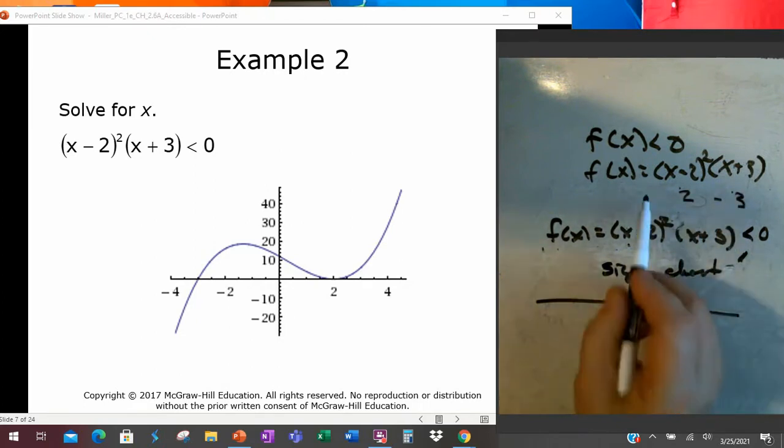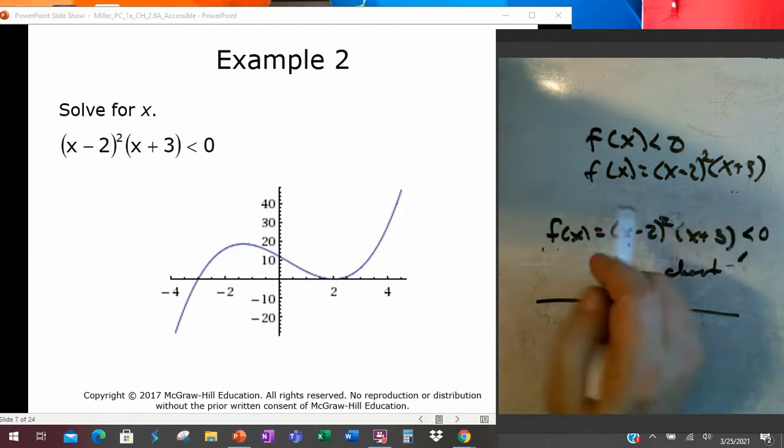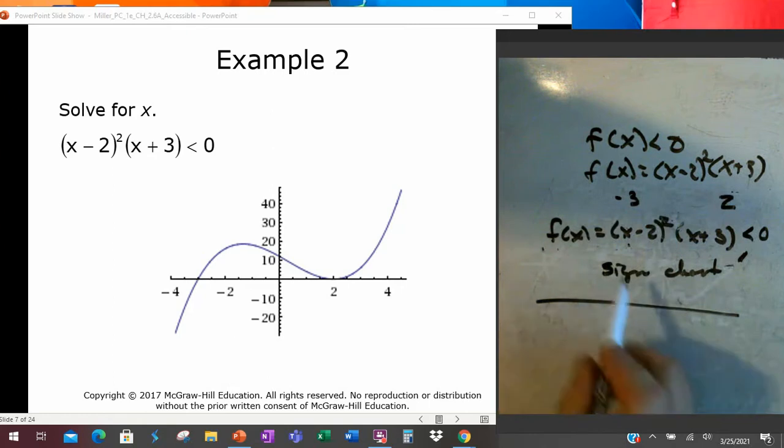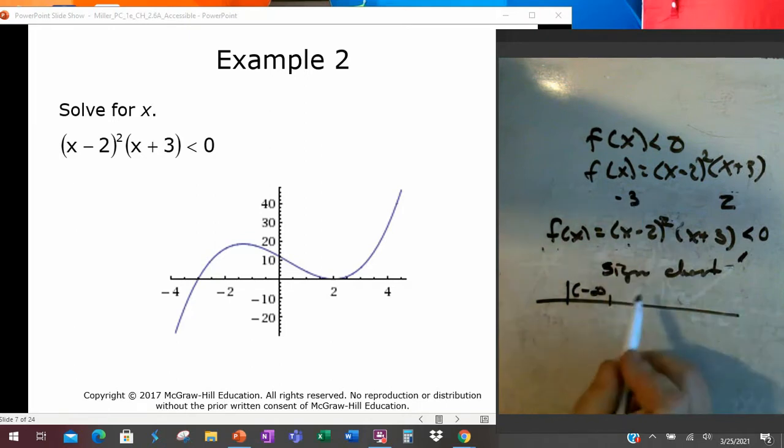So I'm going to set up different intervals like this was a number line. So let me kind of rewrite this as a -3, 2, and then I'm going to write those points on a number line, and I want to use that, okay? So I'm going to start an interval, -infinity up to -3.